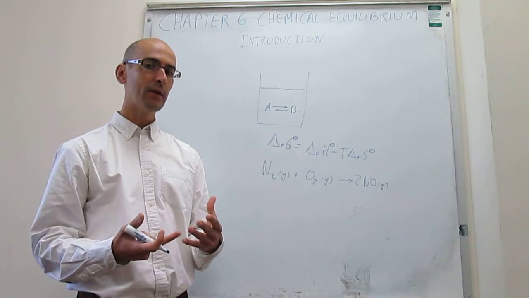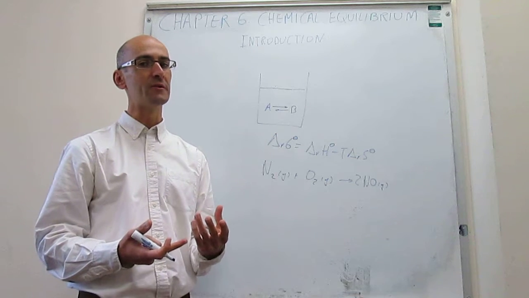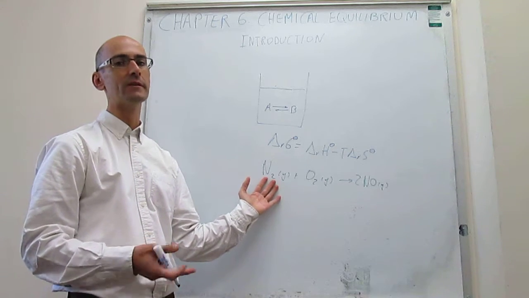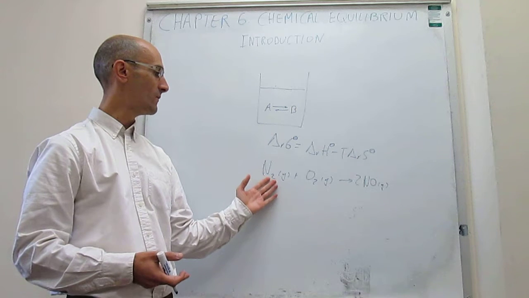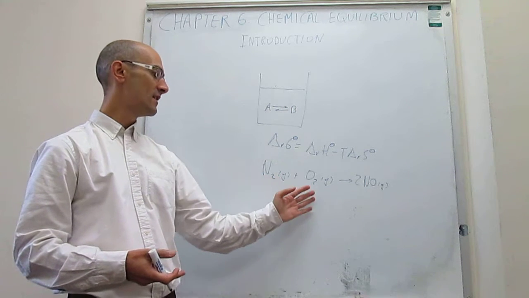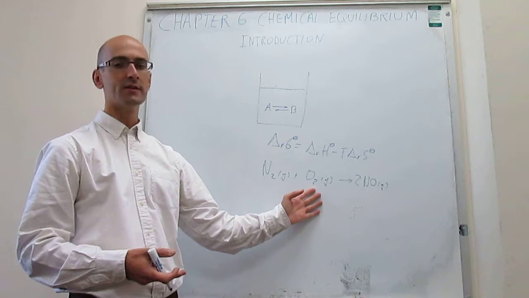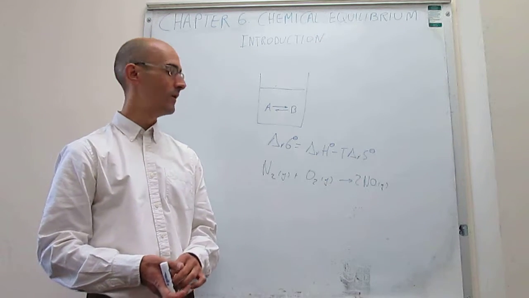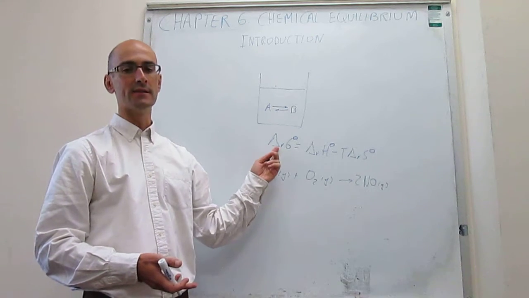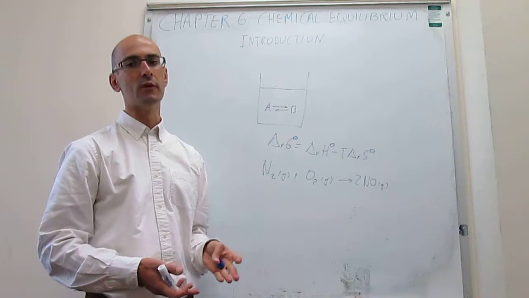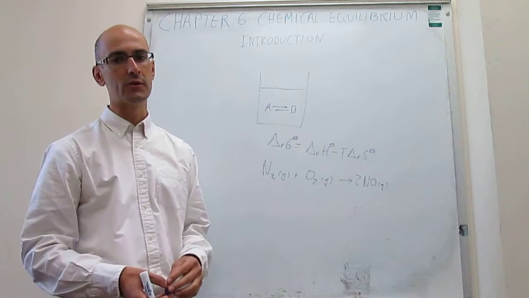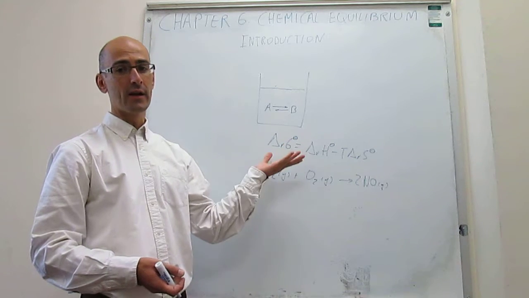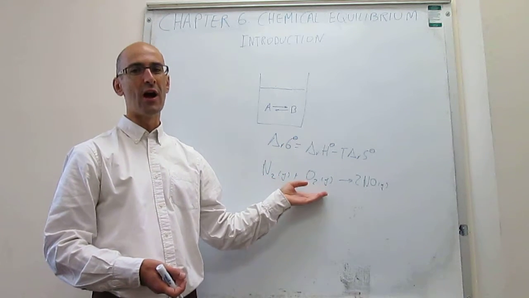But again, that implies that every substance is at 1 bar of pressure, and that's not what happens in the atmosphere. The pressure of nitrogen is not 1 bar in the atmosphere; it's about 0.78. The pressure of oxygen is not 1 bar; it's going to be much less than that, about 0.20 bar or so. So even though we can calculate this number, that would not be a faithful representation of what really happens in the atmosphere when we think about this reaction. So you can clearly see how our calculations until now are fairly limited. We would not be able to know what happens under actual concentrations.